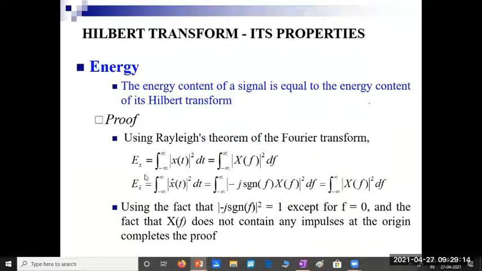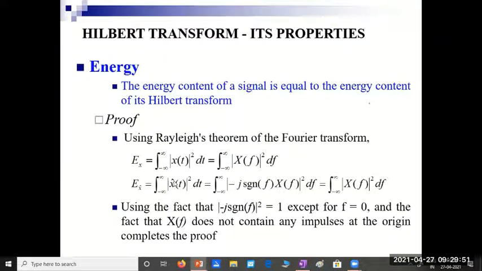You should be familiar with Rayleigh's theorem, which tells us the energy value is the integral of the magnitude square of the given signal between minus infinity and plus infinity. If this value is finite, we call it an energy signal. So the energy in the given signal x of t is given like this. And the energy in x cap of t, the Hilbert transform of the signal, will be what?